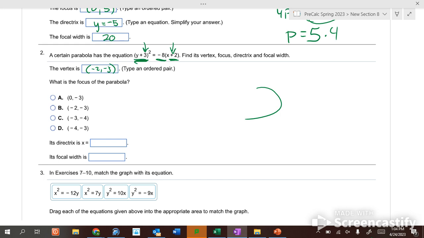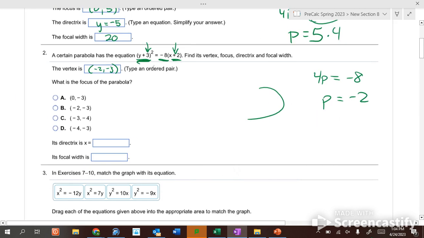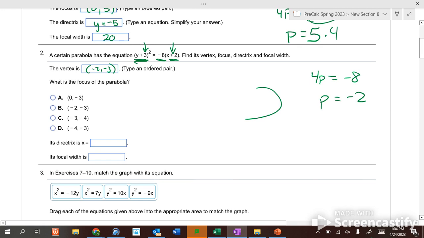Okay. Now, -8. So 4p would equal -8, right? So p would equal -2. So 2 to the left of the vertex should be where our focus is. 2 to the left of this would give me a -4, -3.